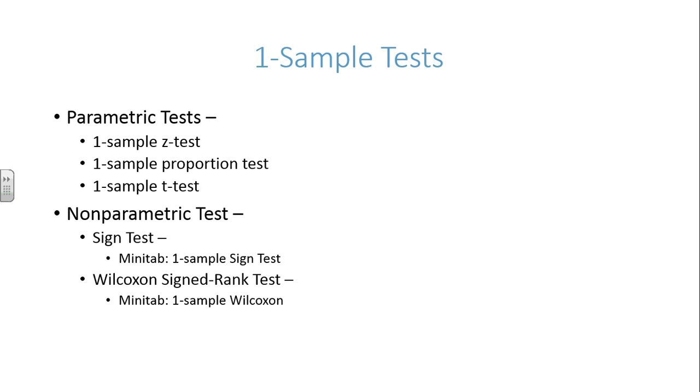We won't be testing any parameters, and we will be looking at either the sign test or the Wilcoxon signed rank test. Minitab will do both of them for us. If we have a choice, we should use the Wilcoxon signed rank test. By the end of this lecture, we'll be discussing why the Wilcoxon signed rank test is a more powerful test than the sign test, but we do want to go over the sign test.